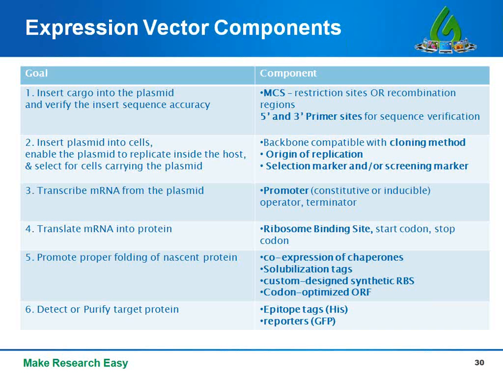For the next goal in your experiments, for inserting the plasmid into cells, enabling the plasmid to replicate inside the host, and selecting the cells for carrying the plasmid, there are a number of components that are important for that. For transcribing the mRNA from the plasmid, doing your DNA to mRNA transcription, you've got to have a promoter to activate transcription.